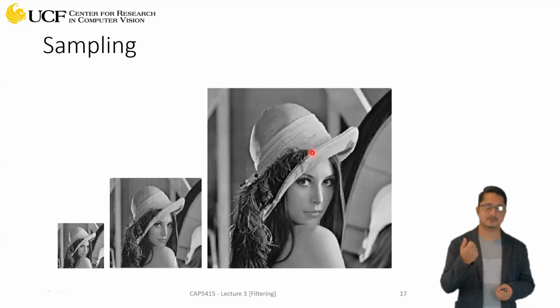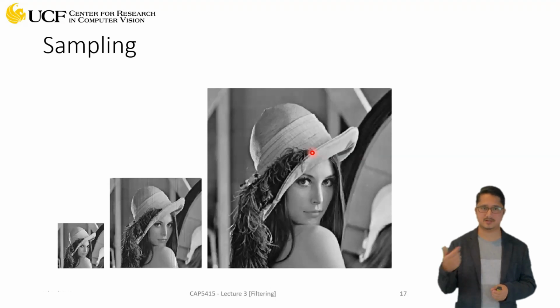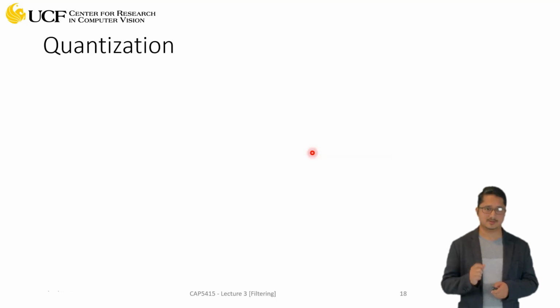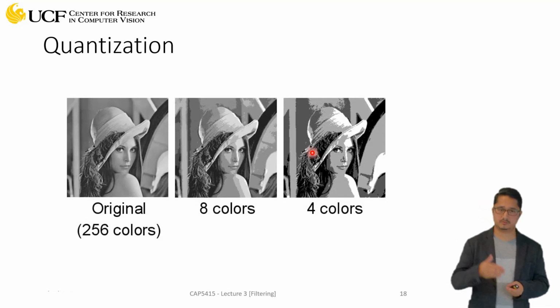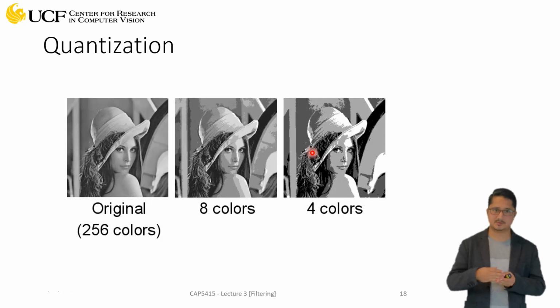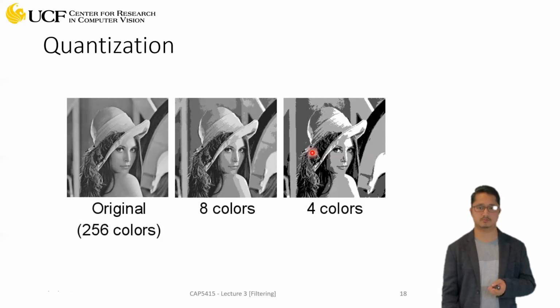If you think about this, your cameras have this metric, right? Megapixels, how many megapixels your camera can capture images at. That represents the sampling rate. The second step, quantization, indicates the quality of the image which you're going to see. If you create discrete steps far apart, it means you are using a very low bit depth.